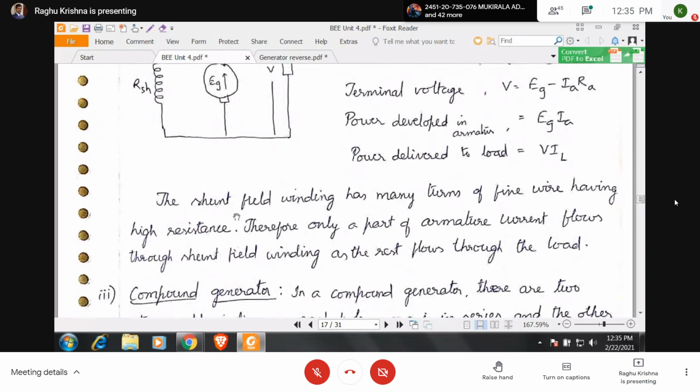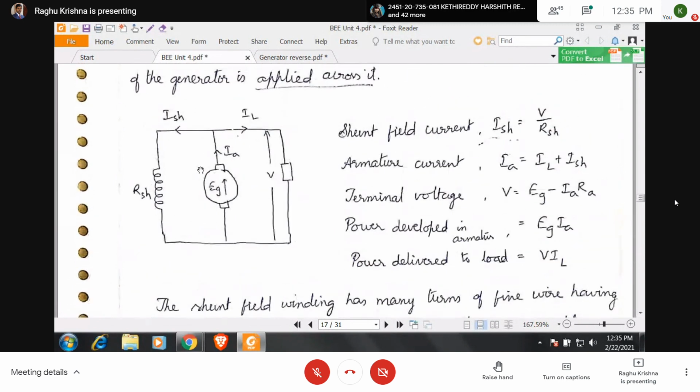Next, a shunt field winding has many turns of fine wire. Fine wire means thin wire having high resistance. Therefore, only a part of the armature current flows through shunt field winding as the rest flows through the load.